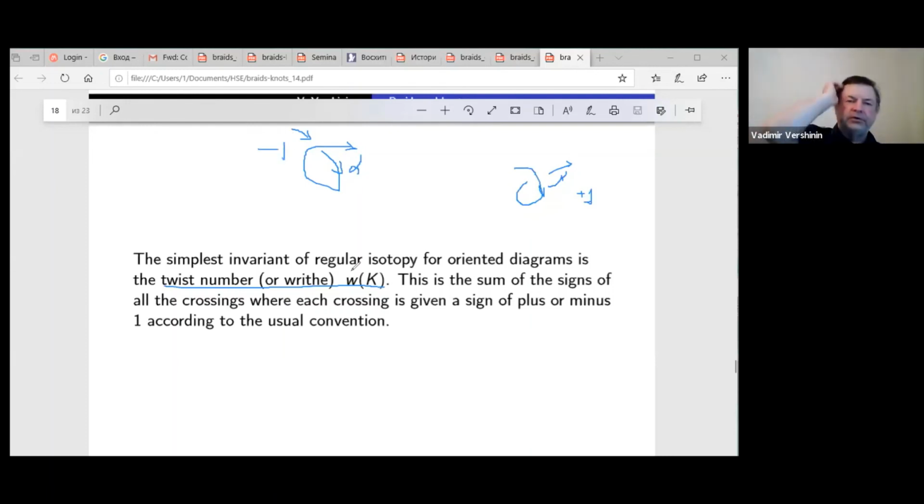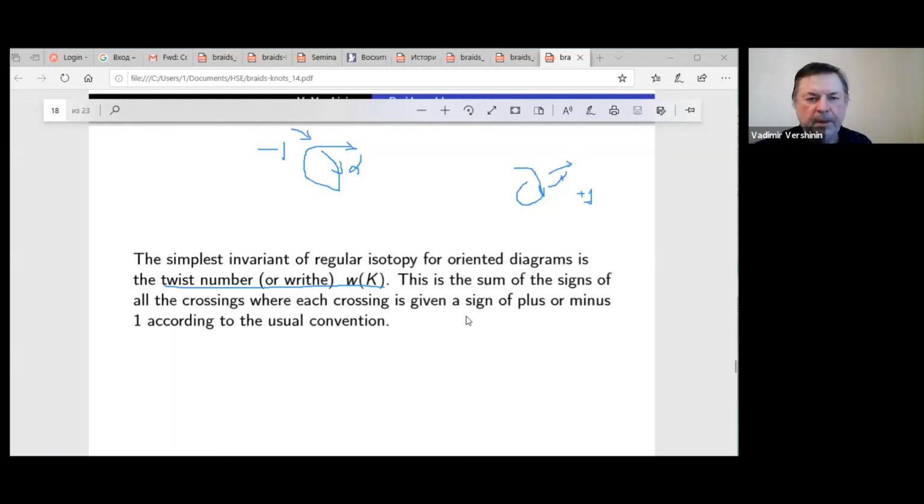The same way as you were considering the linking number, but for the linking number we were considering the rise of different components. Here you are now taking the rise everywhere. So this is the rise.